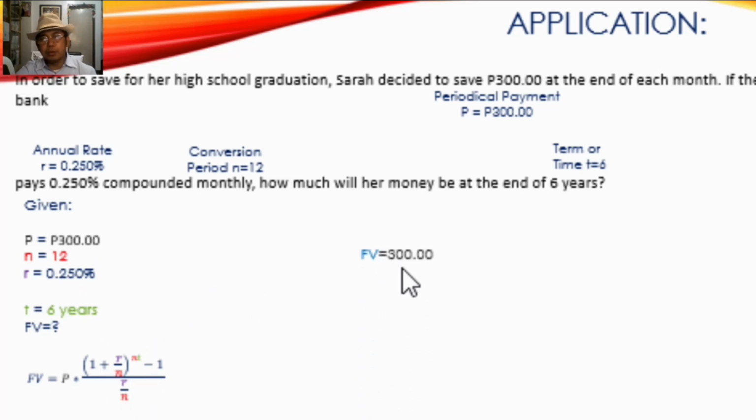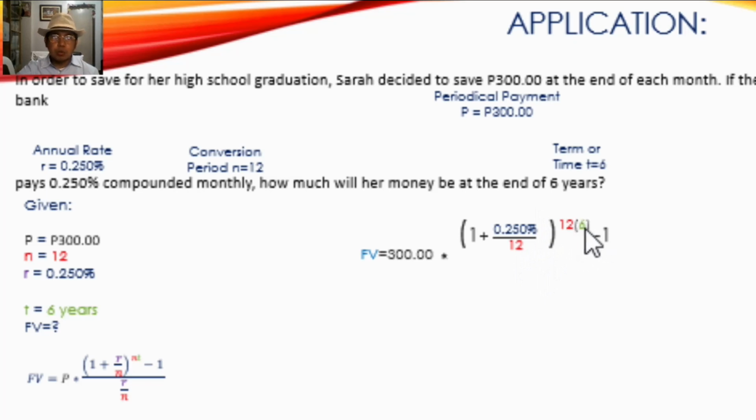And we have in here a computation now. Let's continue computing. So we have in here future value is 300 pesos multiplied by 1 plus 0.25% divided by 12 raised to 12 multiplied by 6.